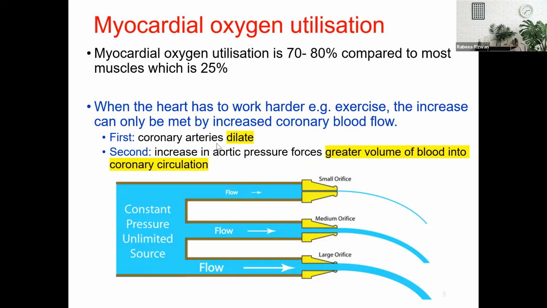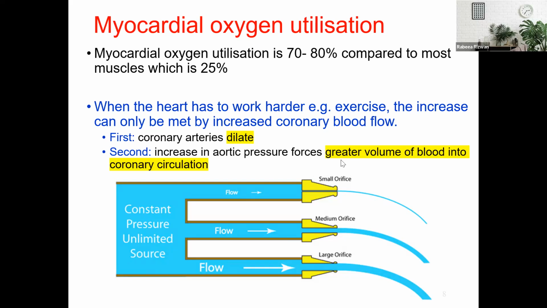The coronary arteries become dilated. For example, this is the normal way, like a pipe, the normal opening of the arteries of the heart. But during exercise, the diameter of the coronary arteries relaxes and dilates to supply more blood to the heart to function appropriately.